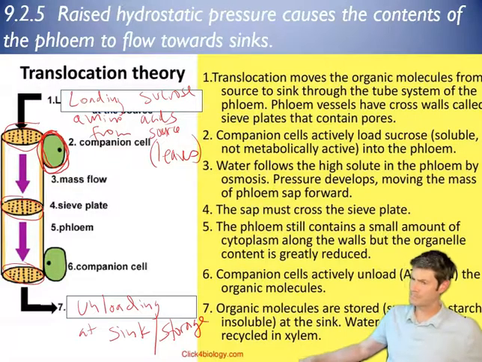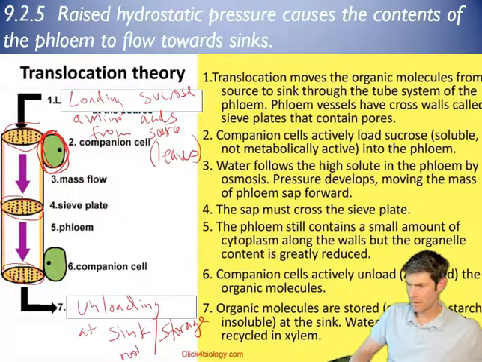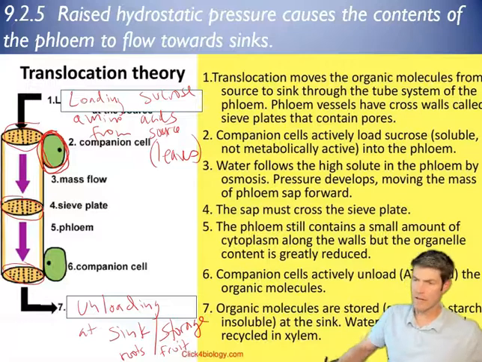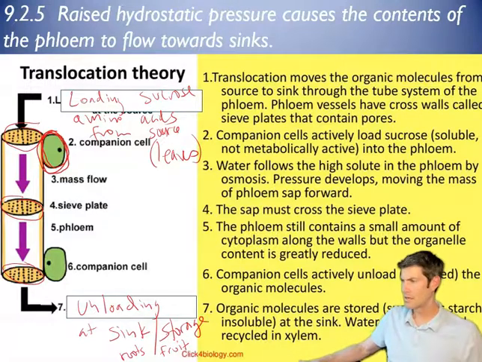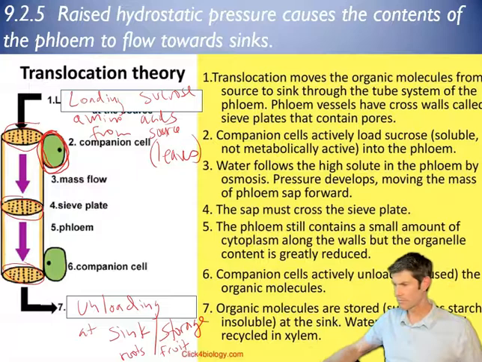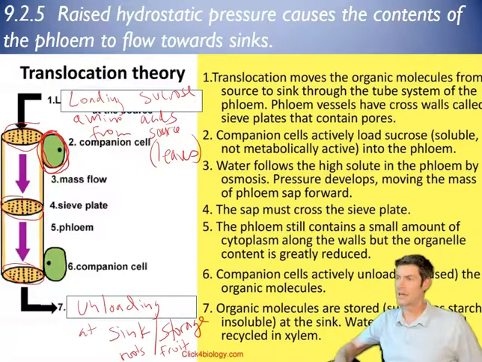Like I said, it could be like in the roots somehow. Roots. Remember, if it's a fruiting plant, it'll put a lot of this sugar energy into the fruits. And then water is released at that point and then goes back into the xylem.